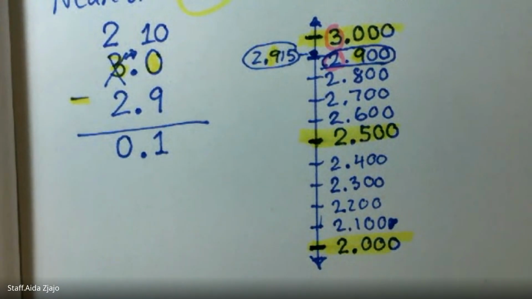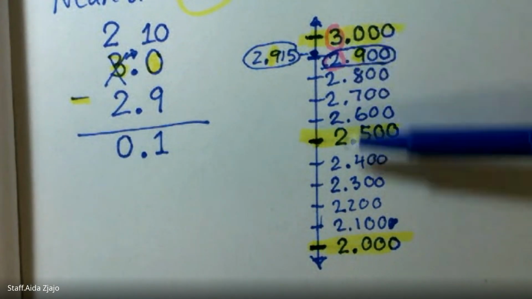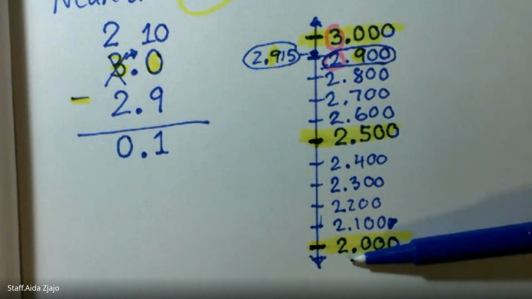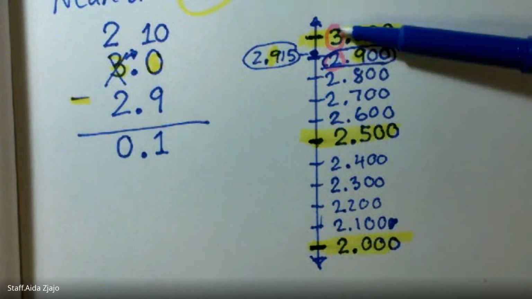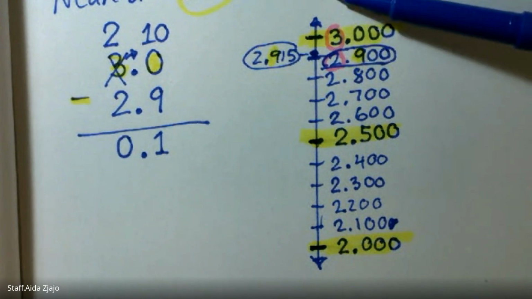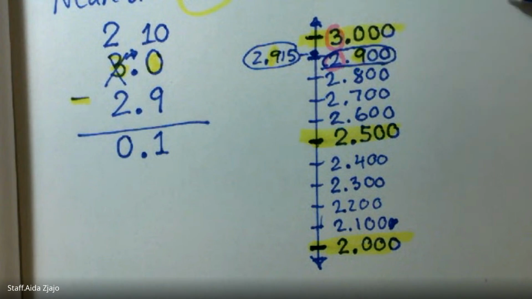It's much further from 2 than from 3. So that's why when we round to the ones, we round to 3.